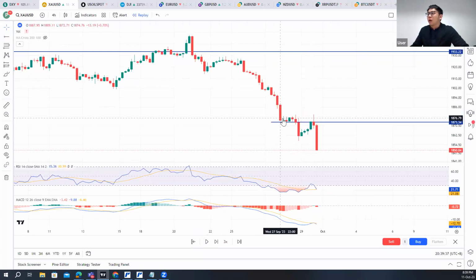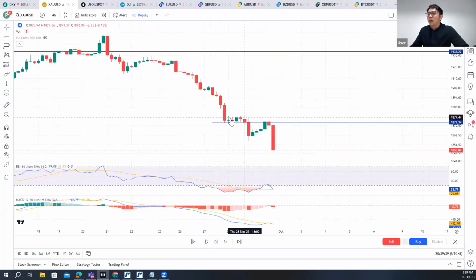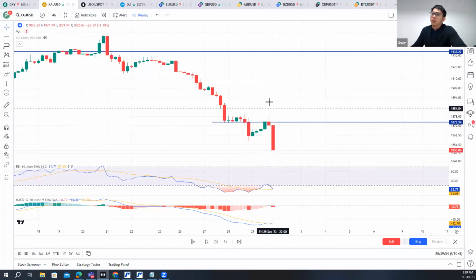Yes. When it has a sideways consolidation and then breaks down, if you are not confident to catch this downtrend, we have to wait. And then after we waited here, you see, oh, it cannot break above here. We cannot break above this resistance level. What does this tell us? The trend reversal signal is not strong.